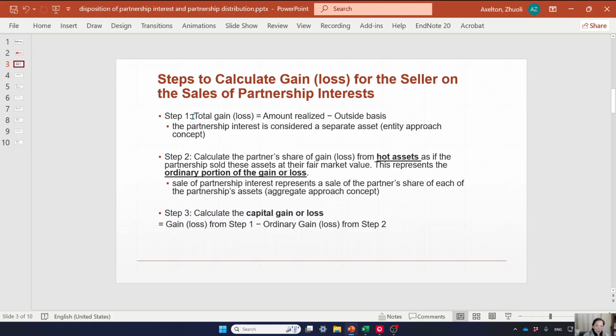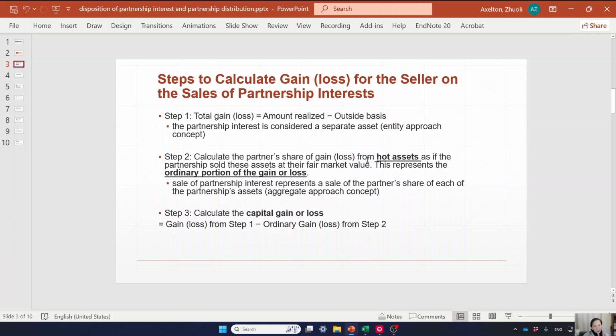Step one, the partners have to figure out the overall gain or loss. That's similar to a property transaction: you look at the amount realized minus the outside basis in the partnership interest to figure out the overall gain or loss.